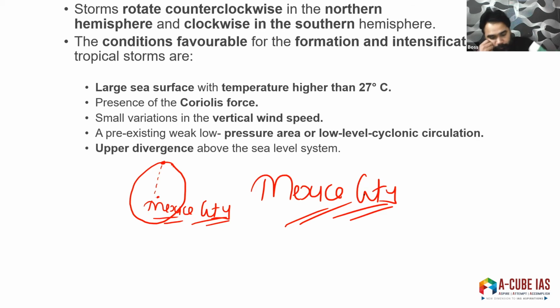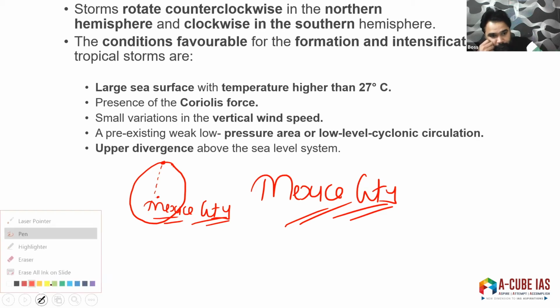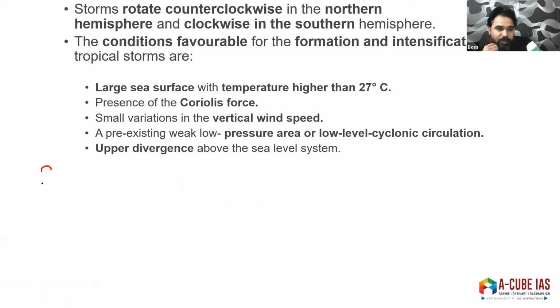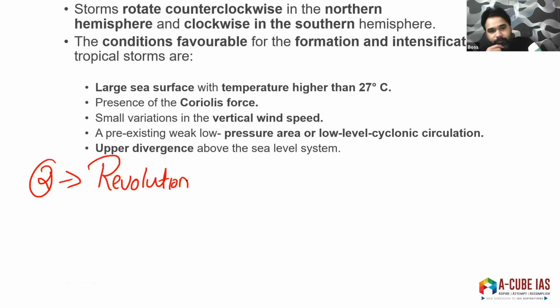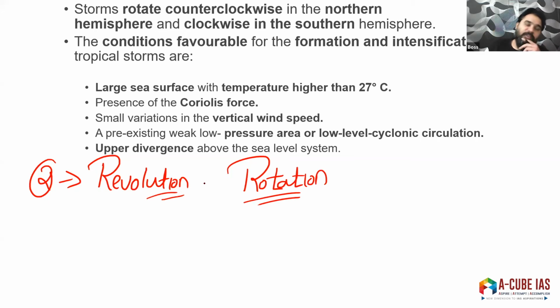We all know there are two phenomena that are performed by our Earth. Number one is revolution. Number two is rotation. Earth revolves around the Sun, and rotates around its axis, which is tilted at an angle of 23.5 degrees.